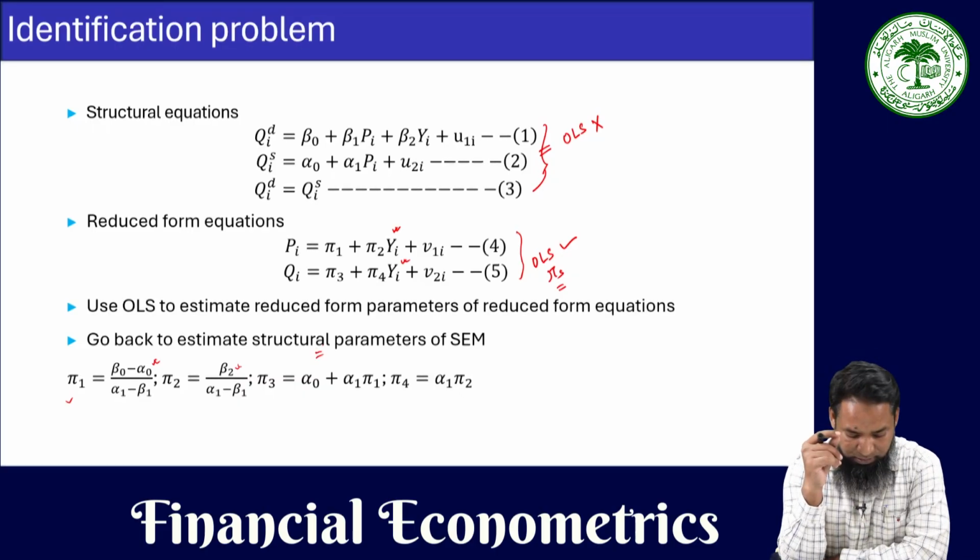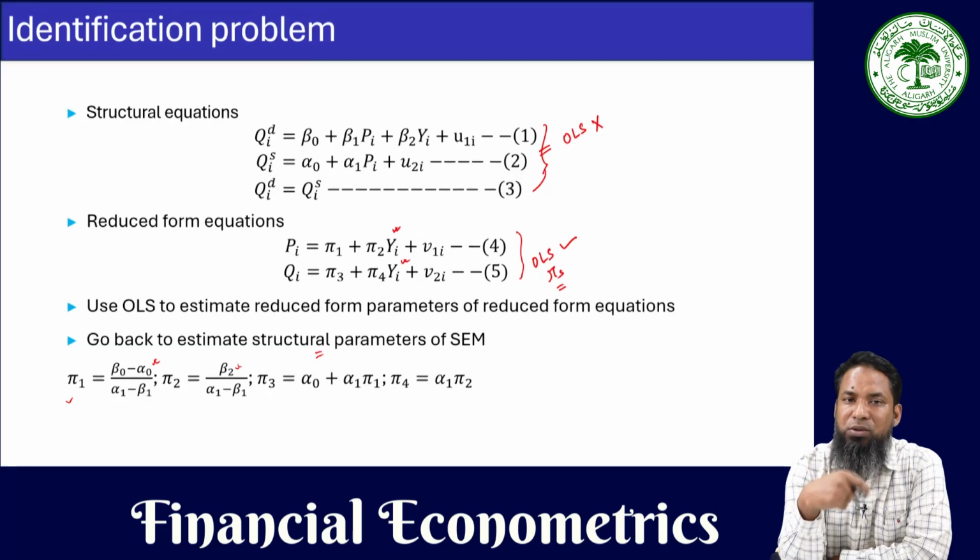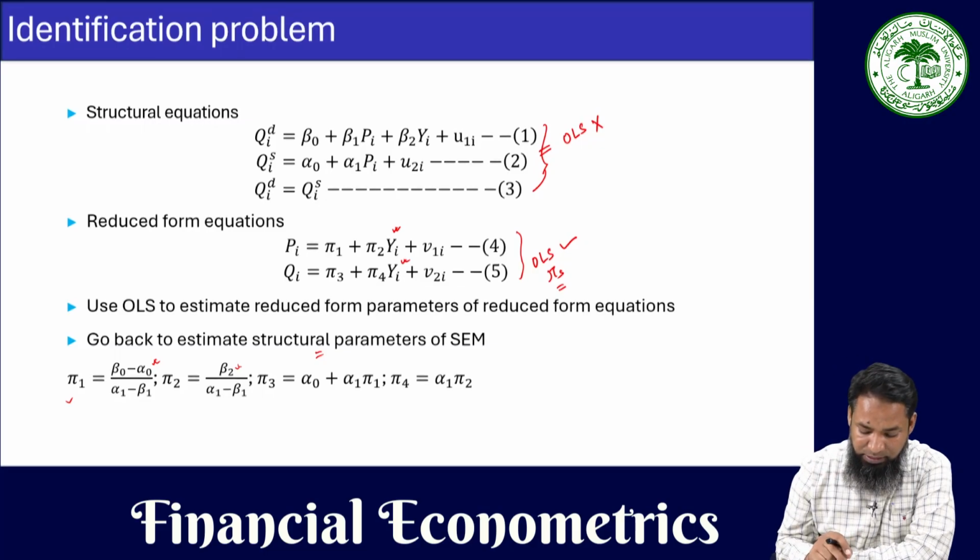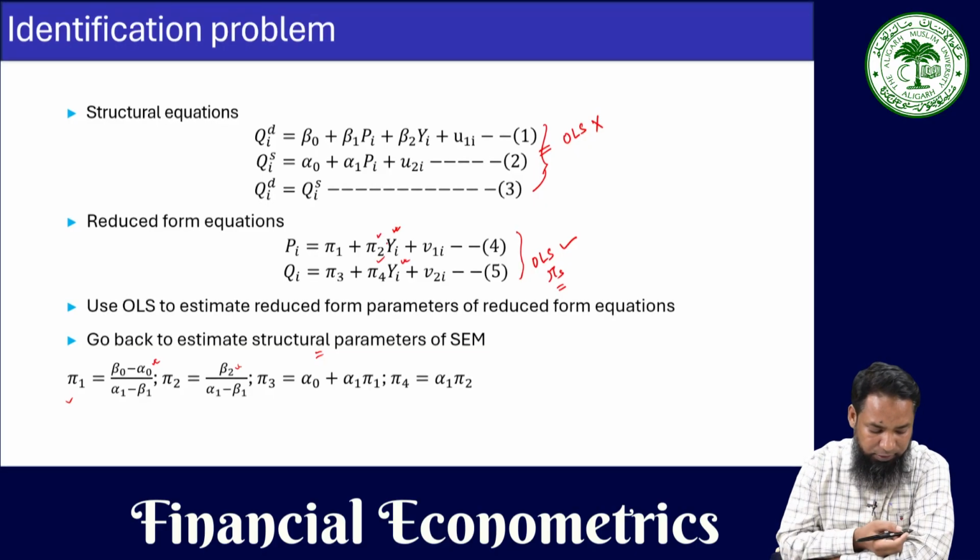However, it will not always be possible to go back from the reduced form parameters to the parameters of the structural equations. Why? Let us take the case here. How many parameters do we have? Here we have 2, that is pi 2 and pi 4.